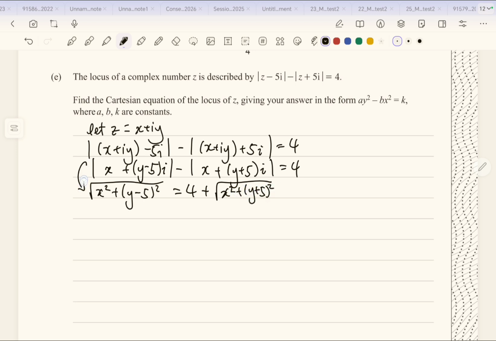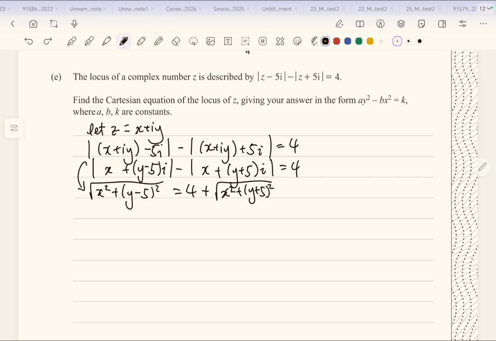How I went from this step to this step is first getting this part into this side, and then for each of these modulus, I just put it into the modulus equation on your formula sheet, which reads modulus of z equals square root of x squared plus y squared.